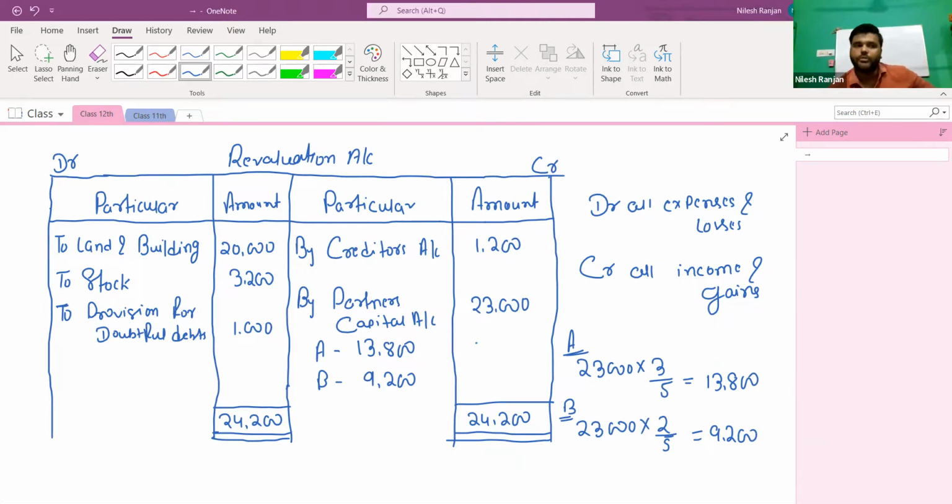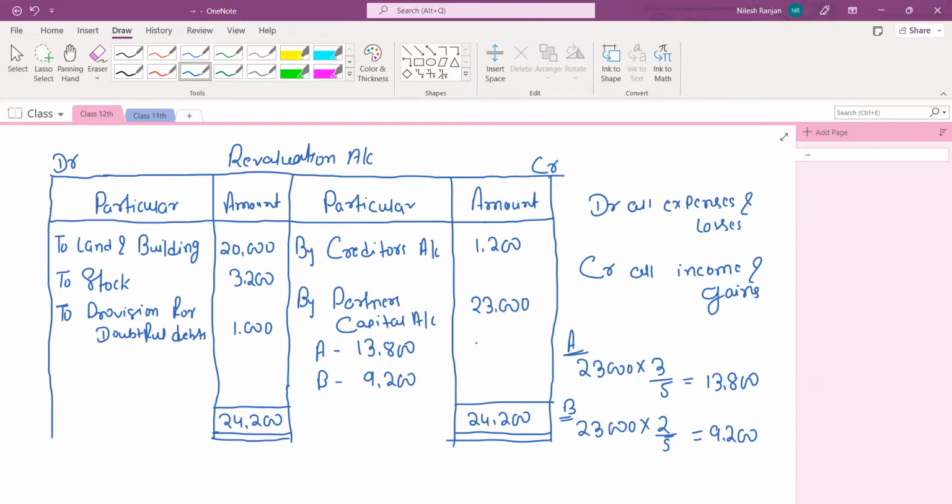Revaluation profit is distributed between old partners in their old ratio. Have you written this? Yes, sir.